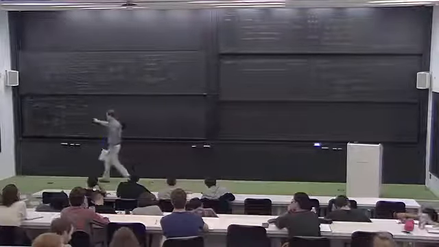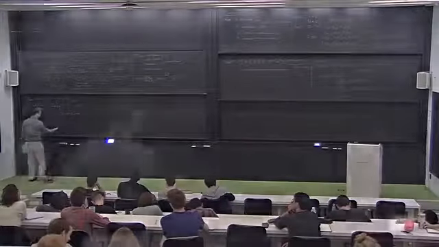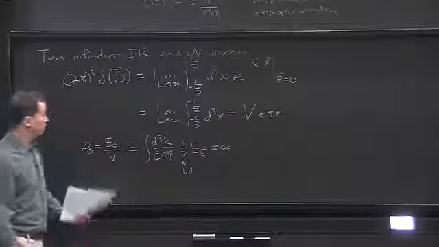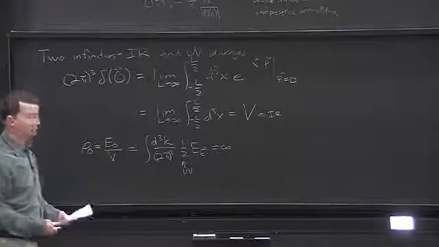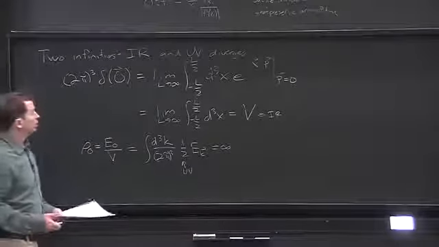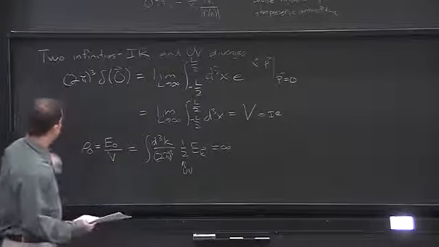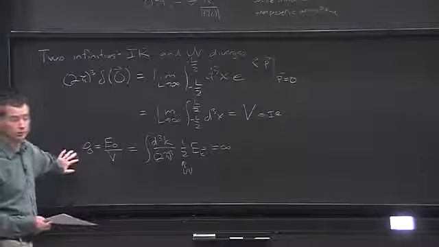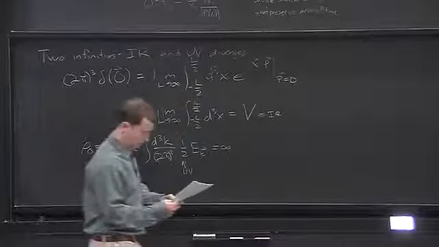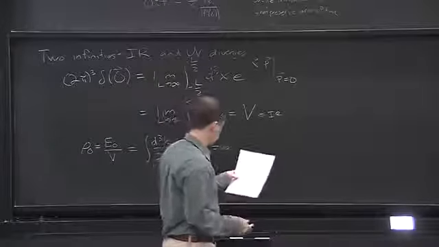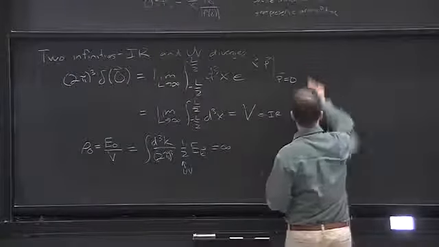So we might as well, even though this is not a serious problem because we can't directly observe it, impose an ordering prescription that gets rid of this issue and sets the vacuum energy to 0.